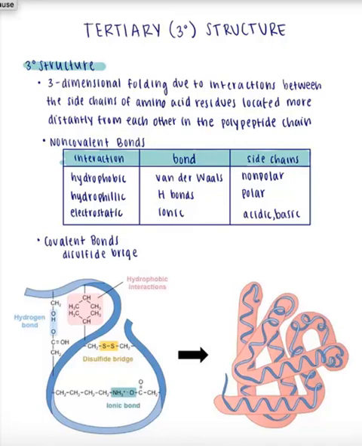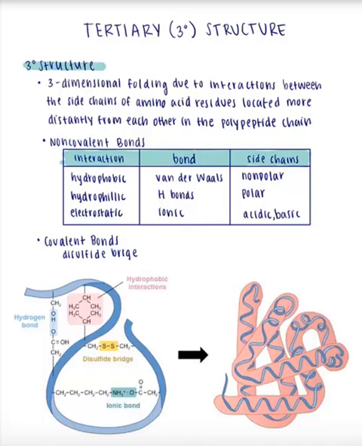So the tertiary structure is all about interactions between side chains, and that's going to be of amino acids that are actually located a little bit further down the line in the polypeptide chain. And unlike the primary and secondary levels, tertiary does not have a single bond that defines it, but there's actually a lot of different options.